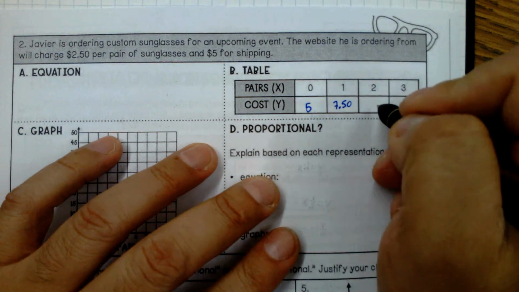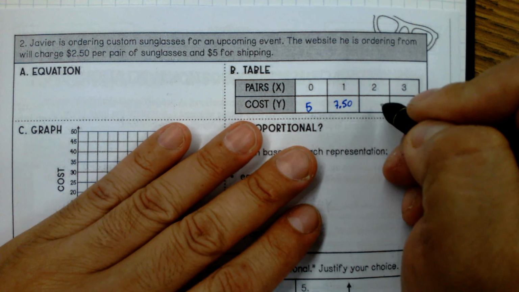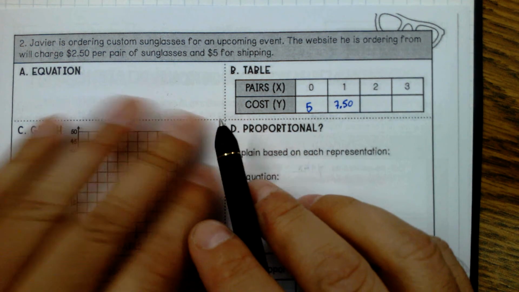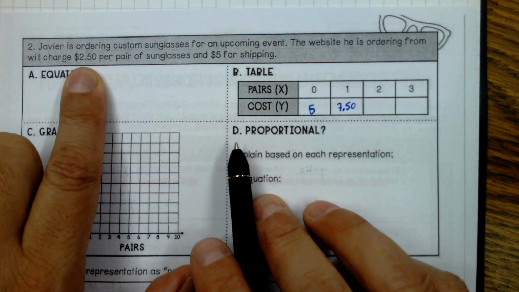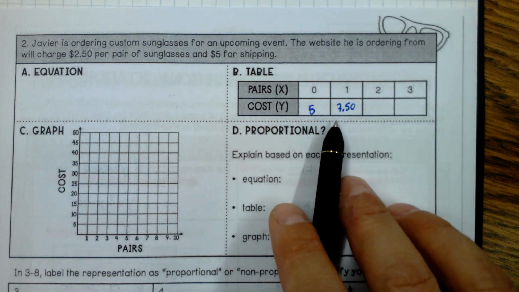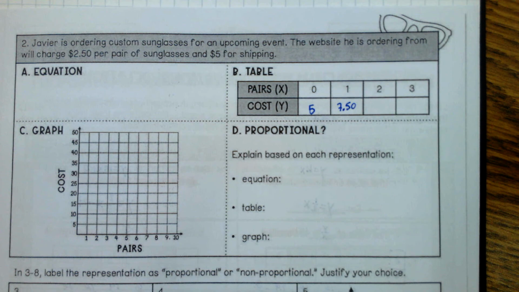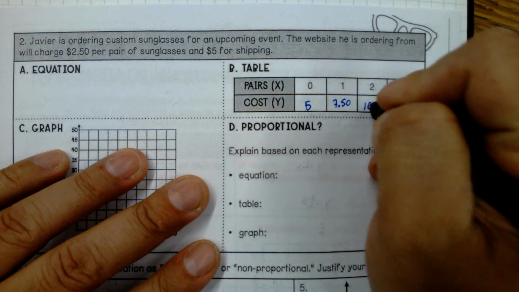How about 2 pairs of glasses? Oh, it's 10 because he already paid for shipping. Yeah, you got to pay the $5. And then how much will 2 pairs of glasses, just the glasses? $5. 2.50 is 5, so $10.